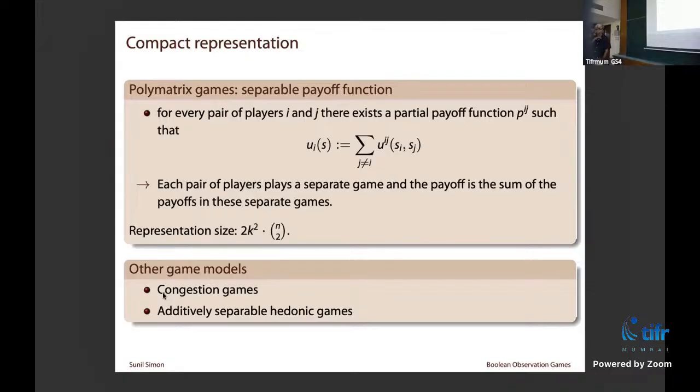So all these approaches deal with quantitative payoffs, which are numbers, and some way of restricting them so that you get a compact representation. Another approach to achieve the same thing is to use some sort of logical language to represent the goal formulas.